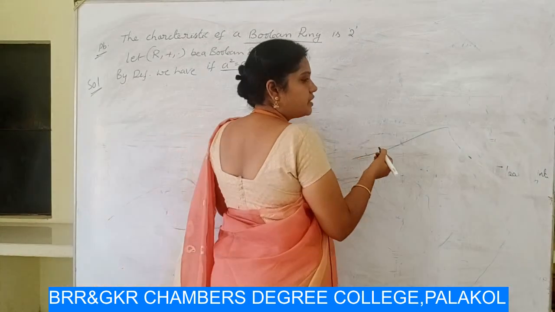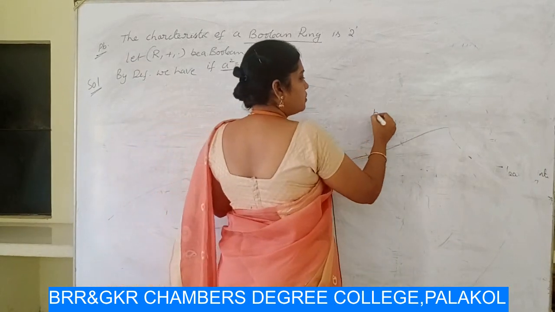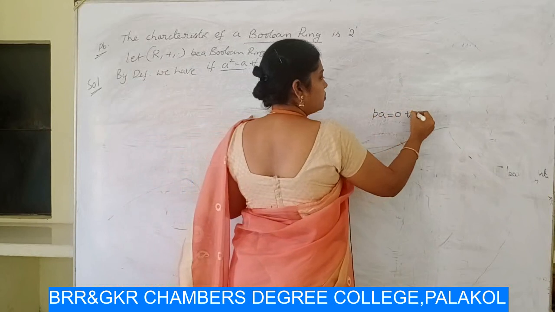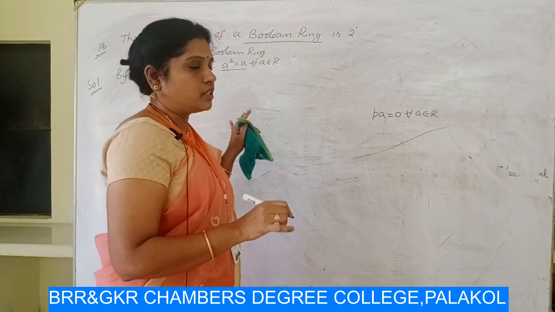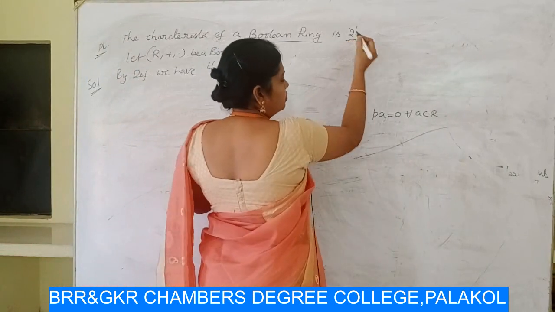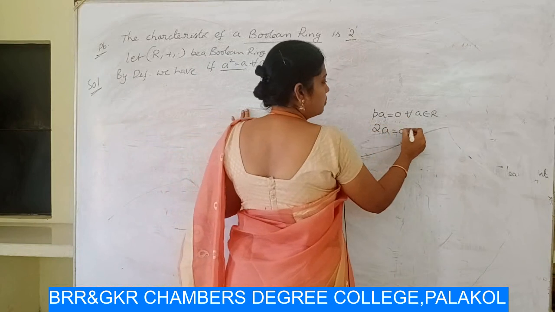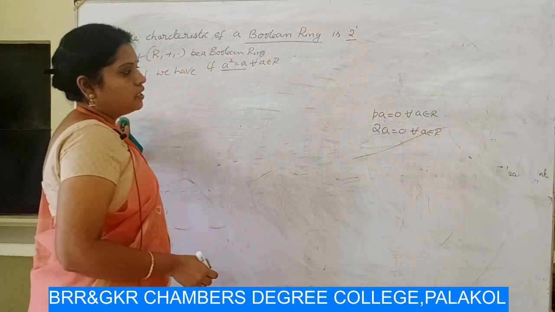That means by the definition of characteristic of a ring is P, you have Pa is equal to 0 for all a belongs to R and P is the least positive integer. So in this problem we have to prove it is 2. So 2a is equal to 0 for all a belongs to R and 2 is the least positive integer.